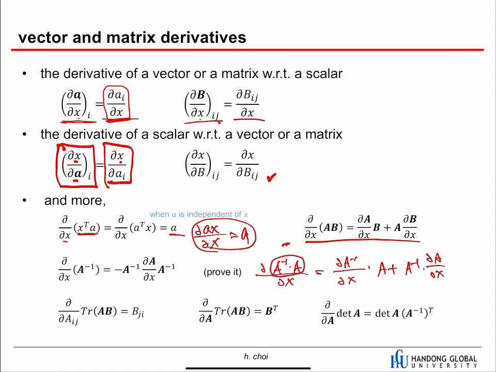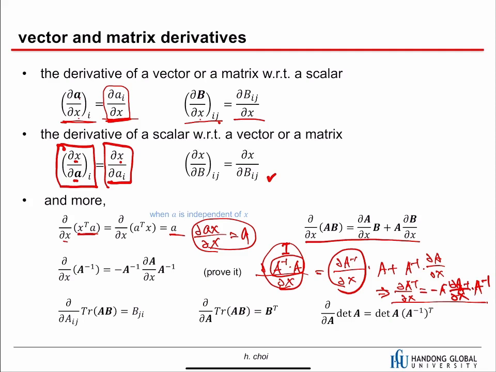This is actually the identity matrix, so its derivative is 0. Then we can rearrange this equation, so the derivative of A inverse is minus A inverse times the derivative of A times A inverse. Okay, so you can get this one.